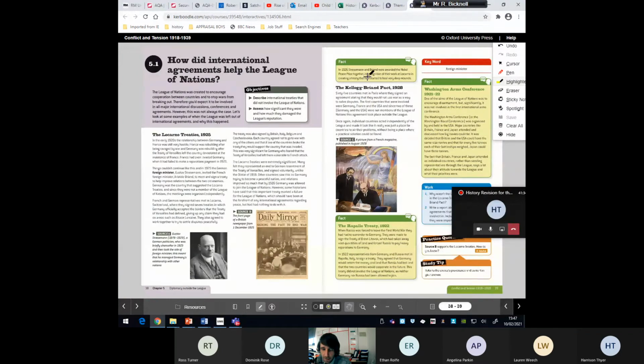Now, let's have another look at something which caused the League to fail in the 1920s, but also in the 1930s. If you think that the League collapsed in the 1930s, when it failed completely after Abyssinia, it kind of just disappeared. What pushed the League towards that point in the 1930s?